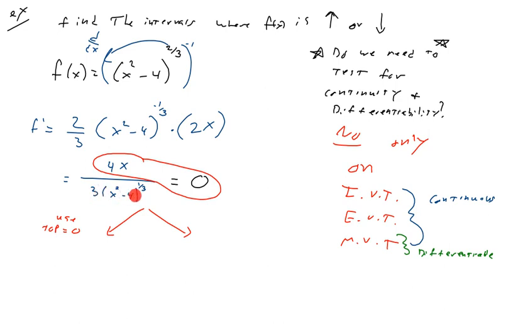And those are also critical values. The bottom is not allowed to be 0, right? Where these are the DNEs.